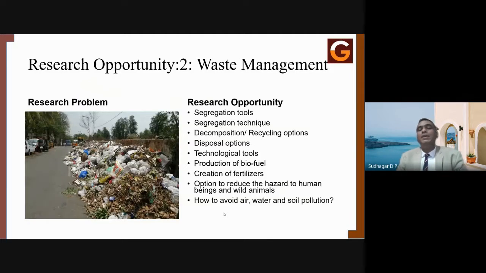Research opportunity number two is waste management. Especially in India, other developed nations really have a standard framework to manage waste. But only in India, you can find waste everywhere, like human beings are everywhere. Still now, we have not figured out how we are going to manage the waste coming out of our houses and out of the industries.